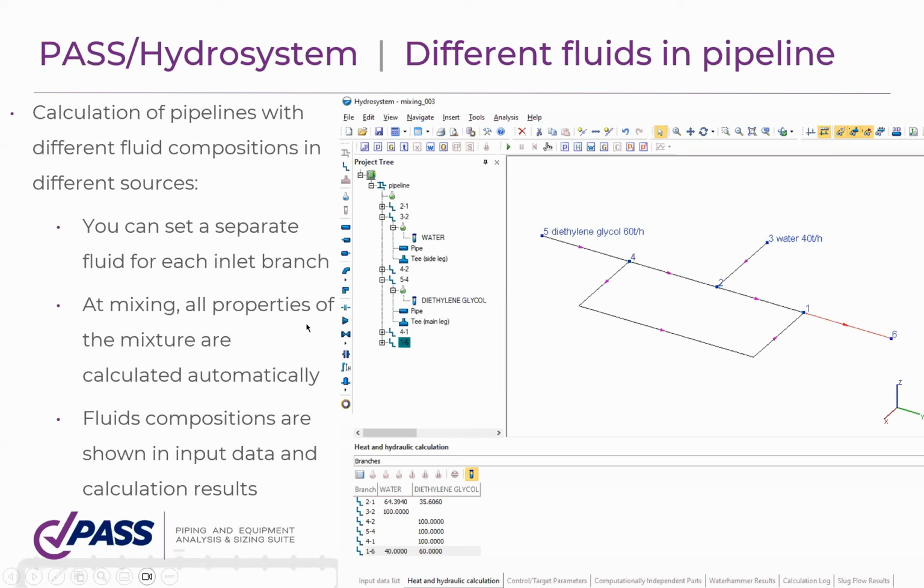And of course, all the properties, all the densities, viscosities, etc., will also be calculated automatically. In calculation results and in input data, you will see all the mixture compositions at every pipeline branch. Allow me to show you how it looks and how it works in HYDROSYSTEM.